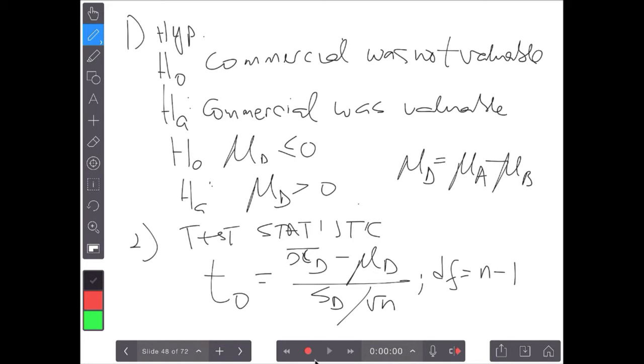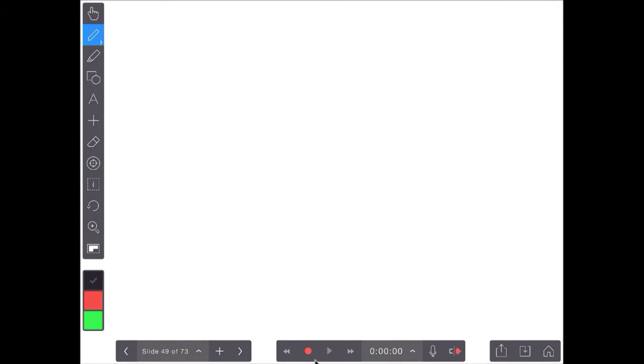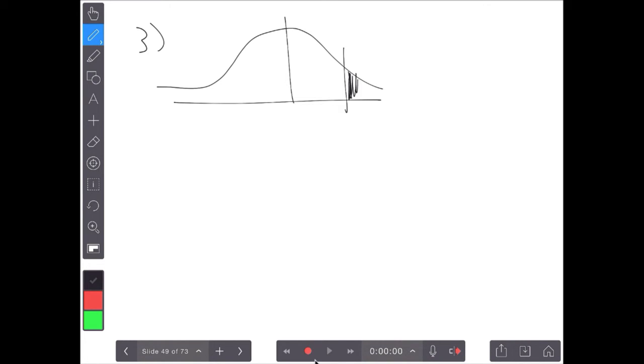Step 3, we need a decision rule. So this is no different. Since we are looking for evidence that the mean difference is greater than 0, it means that we have a right tail test. So if T observed is greater than or equal to T critical, right?